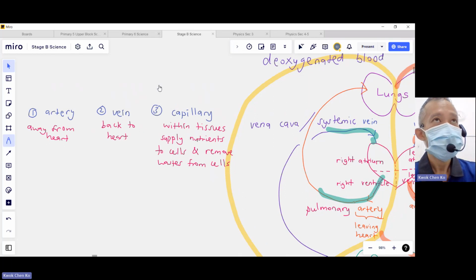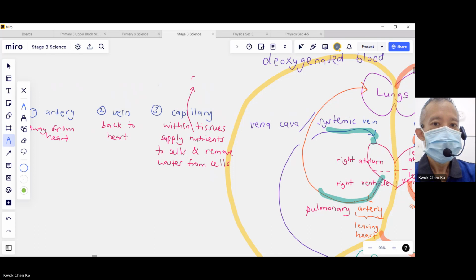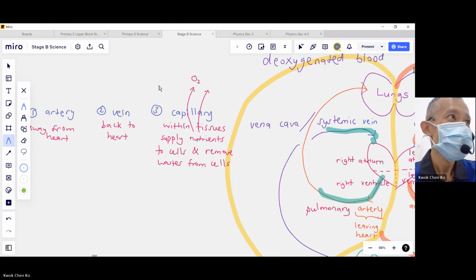Water? Oxygen. Okay, yeah, good. All right, your nutrients. Let me just be a bit broad here. Nutrients will include oxygen. Don't forget in your primary school, they mentioned oxygen and digested food. But by now, you shouldn't be using the word digested food anymore. So glucose.